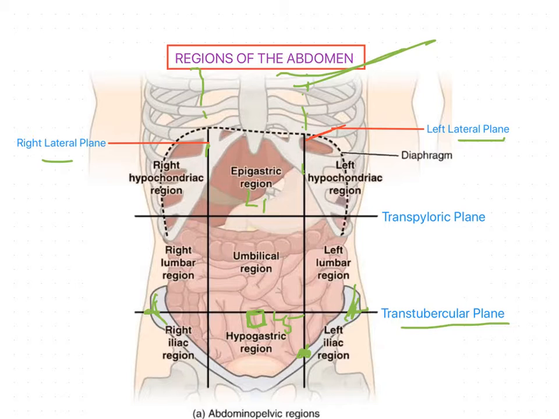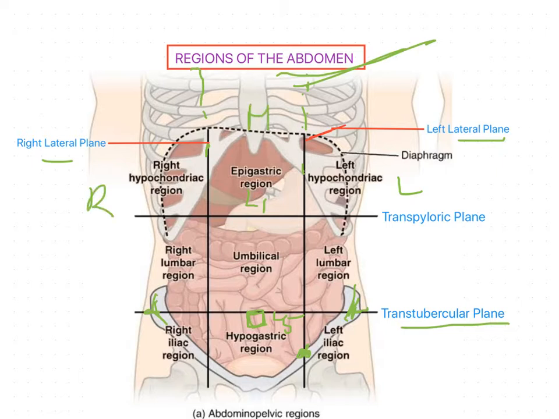Now these two transverse planes are divided by the left and right lateral planes, forming 9 regions. These 9 regions are 3 regions on the left side, 3 regions on the right side, and 3 regions in the middle.